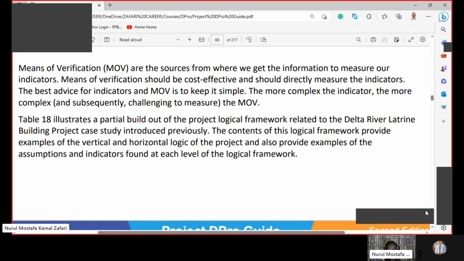The indicators and MOVs are the verifying tool to see that the logics are working. So we have to keep means of verification very simple, in line with the smart indicators.